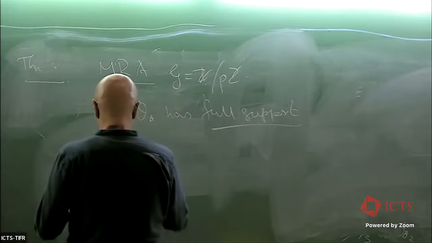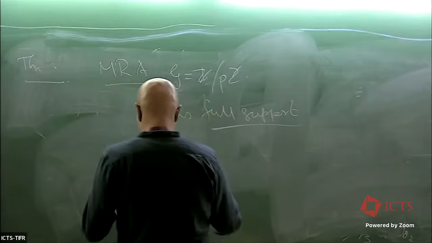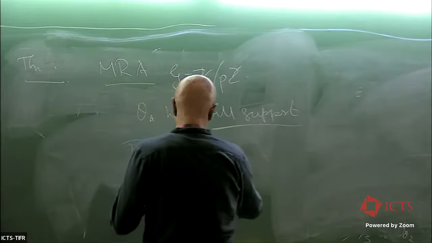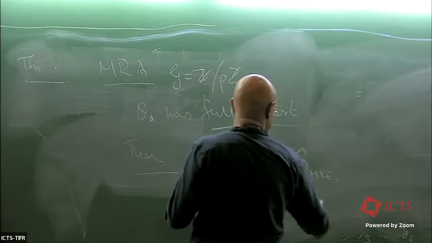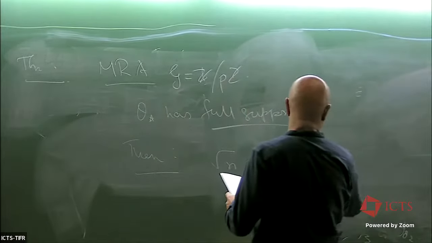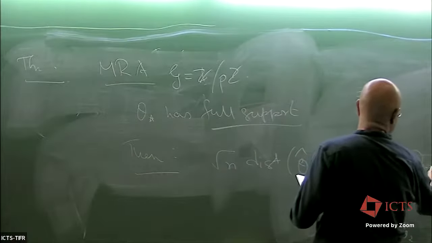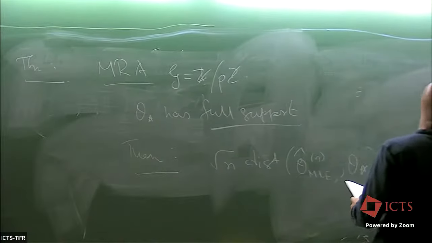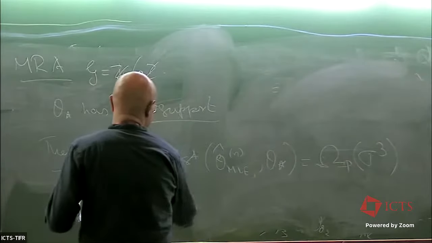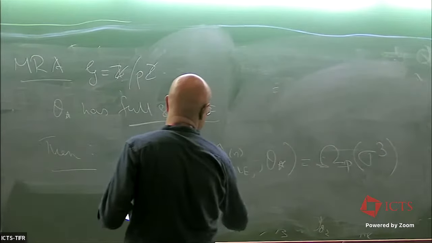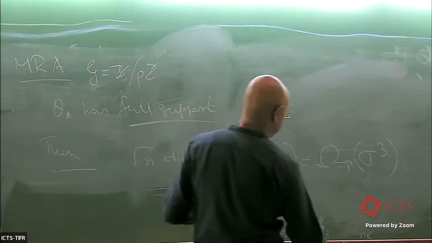Then the square root n times the distance between theta hat MLE coming out of n observations, and theta star, is of bigger order than sigma cubed, coming out of that pair of inequalities, which is implying that n has to be roughly bigger than of the order sigma to the 6. So this is the central case.